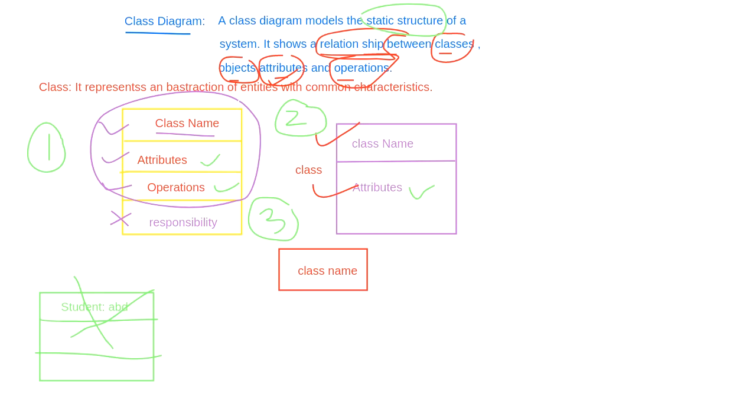What do you mean by visibility? Visibility means, for example, let's take an example of student only. You have a class called student.